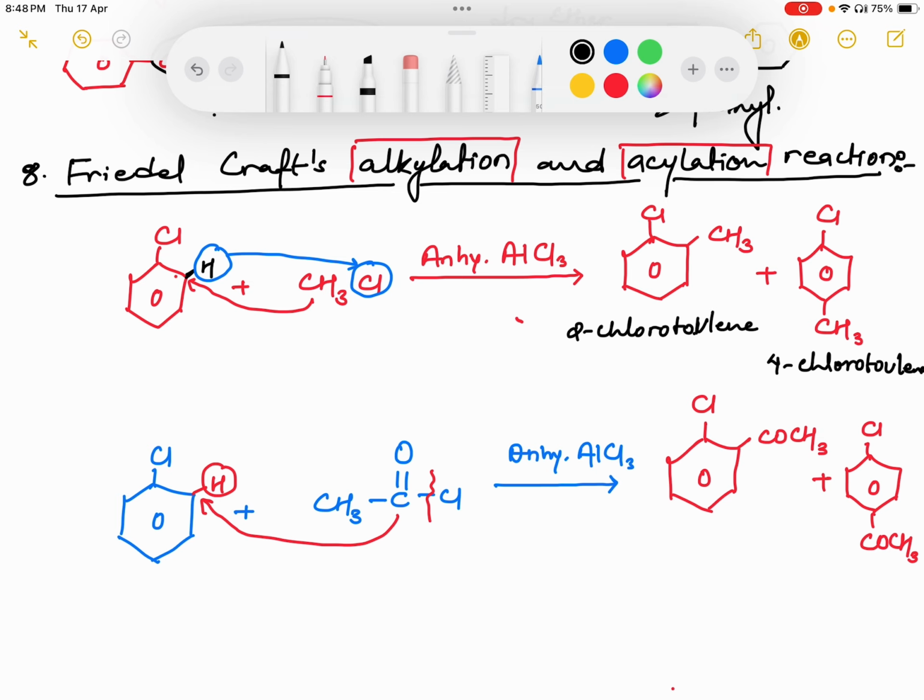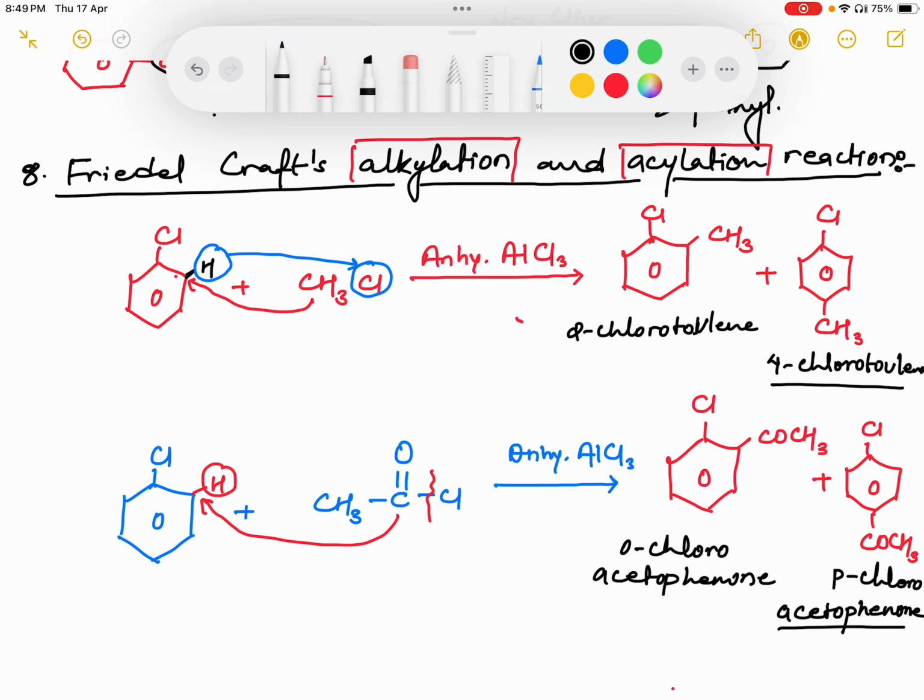For the acyl products, we can call them ortho-chloroacetophenone, or para-chloroacetophenone. Generally, keep in mind that the para products are the major products because there is less steric hindrance.